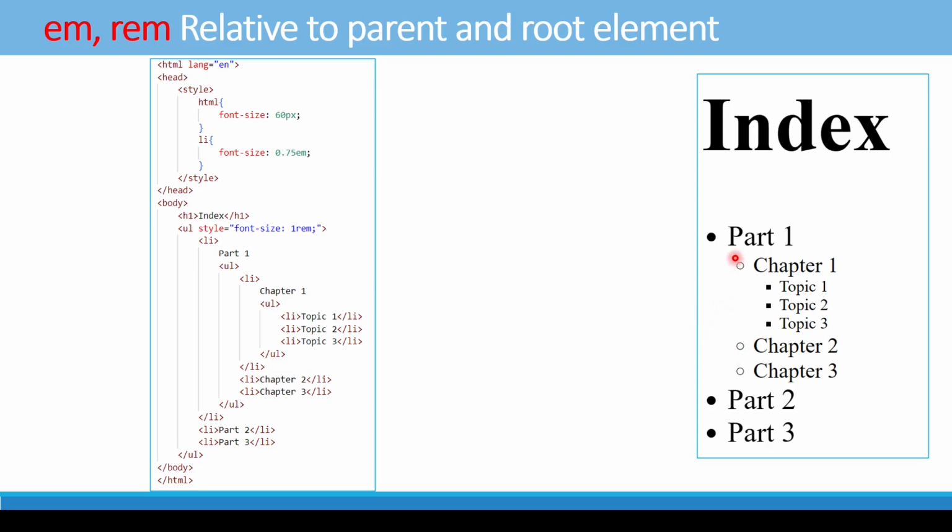So this item will be 3/4 of 60 pixel, which will be 45 pixel. The next level will be 3/4 of its parent, so it will be 33 pixel. The next level will be 3/4 of its parent, which will be 25 pixel, and so on.